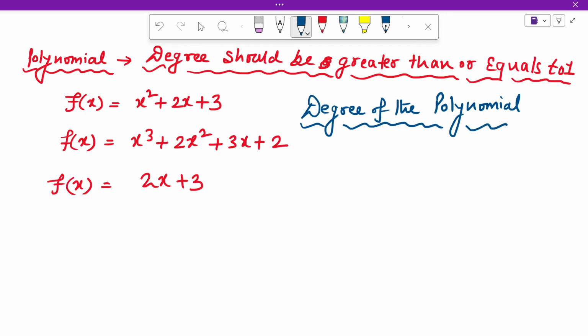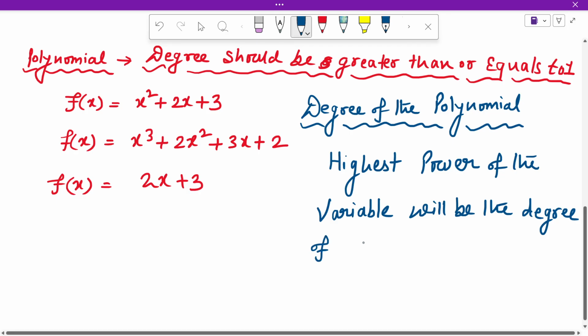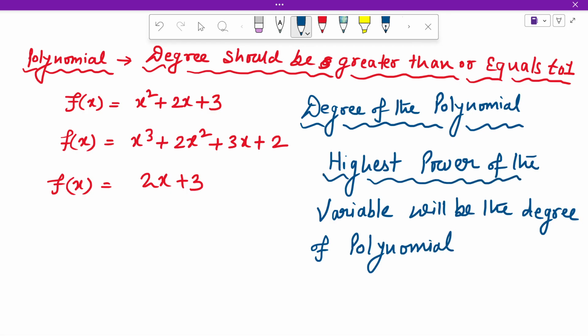The highest power of the variable will be the degree of the polynomial, right? So the highest power of the variable in any given expression is the degree of the polynomial.